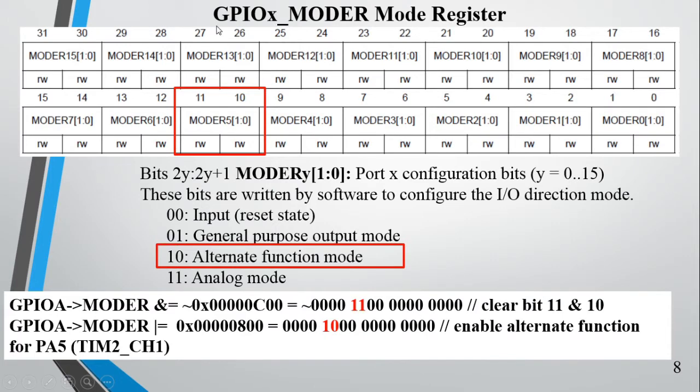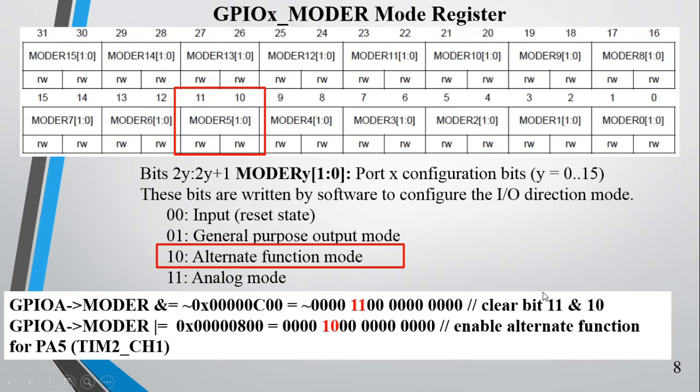Second step is you are going to configure the mode selection register. The mode selection register is used to configure the function of a particular pin. So here I need to configure PA5, so you need to select the GPIO A mode selection register. For configuring each pin, 2 bits of the mode selection register are used.